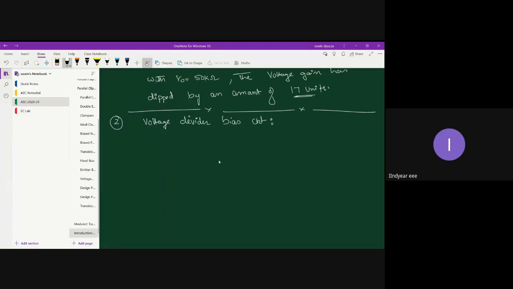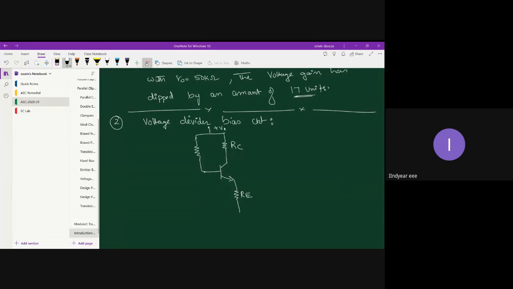So, an amplifier based on a voltage divider bias circuit. If you understand voltage divider bias circuit analysis, you can do it for emitter bias because both are basically the same. The only difference is that you will find 2 resistors on the input side.